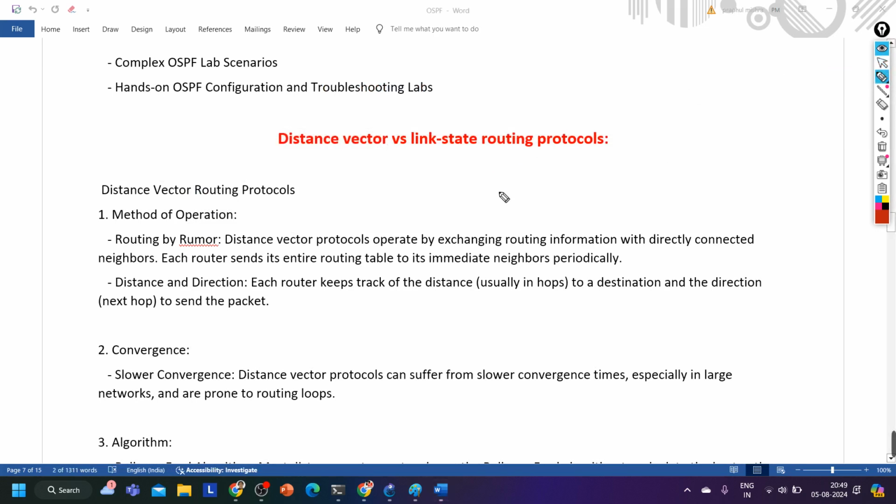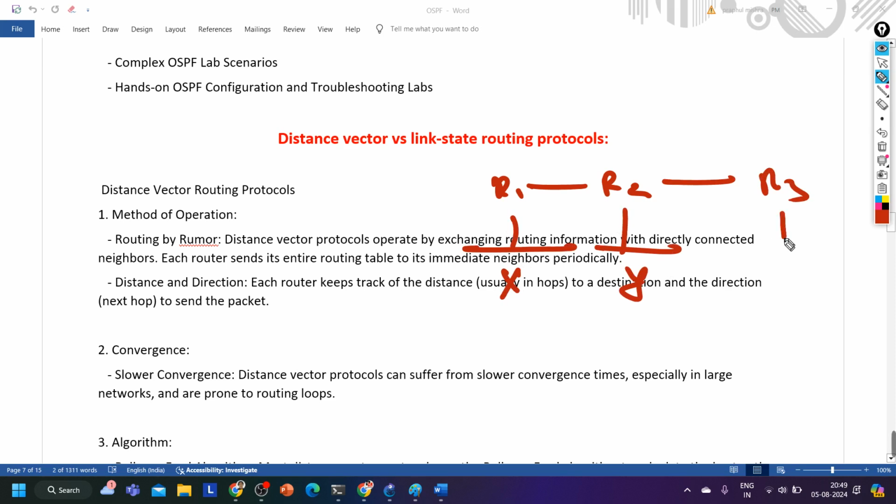Like I have a topology like this: R1, R2, and R3. Here I have one LAN X, here LAN Y, here LAN Z. Router 1 is going to advertise the X network to router 2. Router 2 is going to advertise X and Y networks to router 3, and router 3 is going to advertise the Z network.